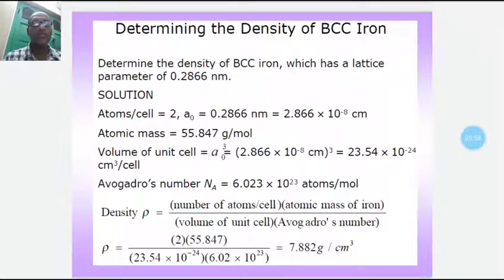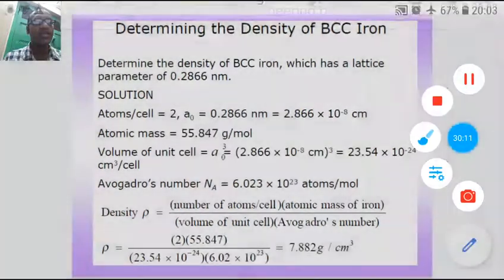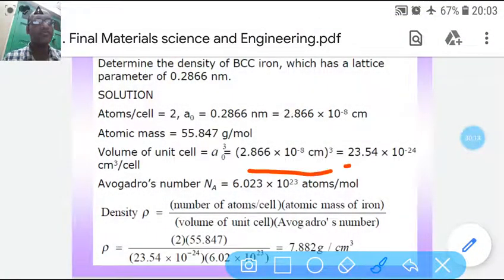Now volume of the unit cell, as we know, that is lattice parameter cubed for a body centered cubic structure. So that is 2.866 into 10 to the power minus 8 to the power 3. So that is total 23.54 into 10 to the power minus 24 centimeter cube per cell. Now Avogadro number is constant, 6.023 into 10 to the power 23 atoms per mole.